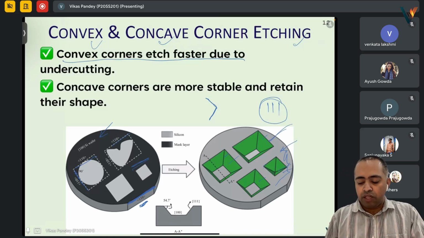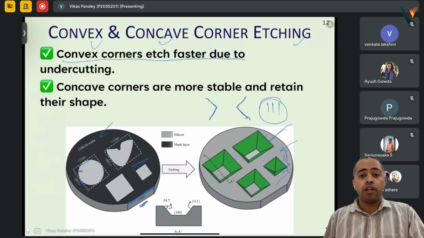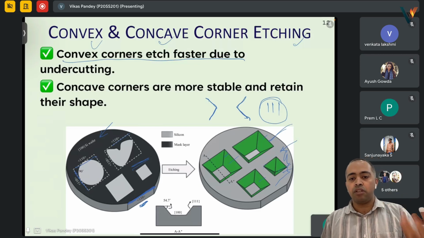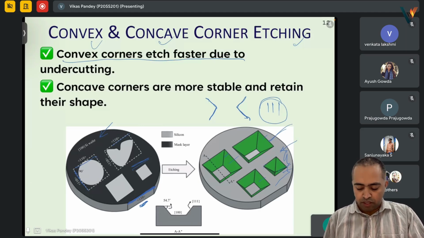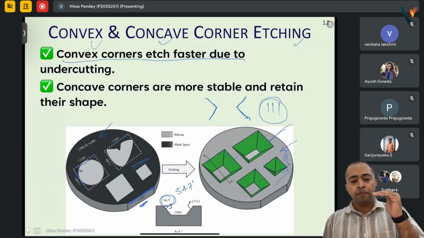Whereas concave corners are more stable and retain their shape while doing this TMAH etching. I was showing this: this is the angle, 54.7 degrees, between the 100 and 111 planes.